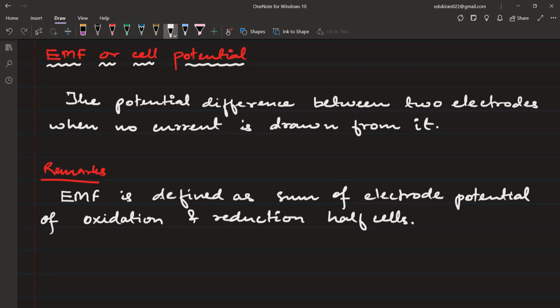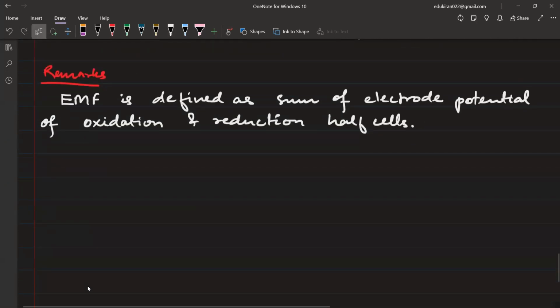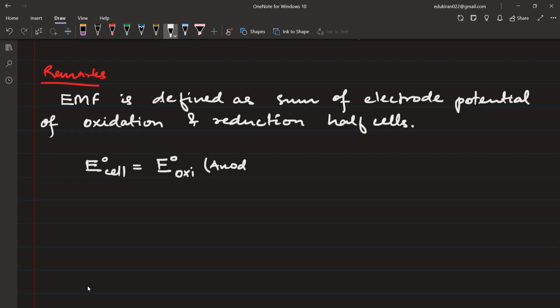Now that means E cell, or rather E naught cell, will be equal to the E naught of oxidation of the anode, plus the E naught reduction of the cathode. And if I have just E cell, then E cell will be equal to E of oxidation of the anode plus E reduction of the cathode.